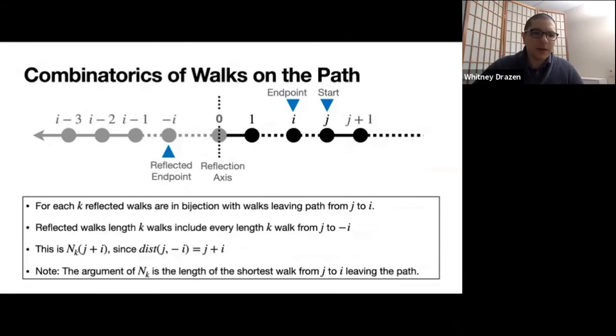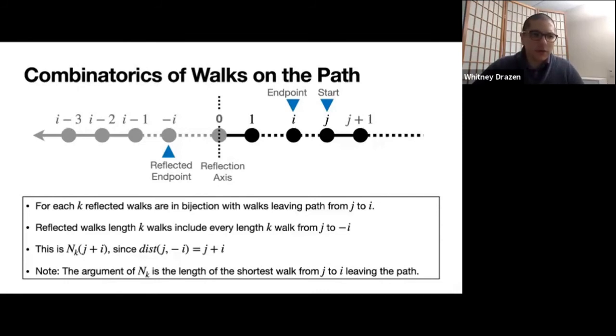And that's simply because every walk that reaches negative i has to go through the vertex 0, and we have all the freedom we need to choose the plus or minus ones to arrive at negative i.